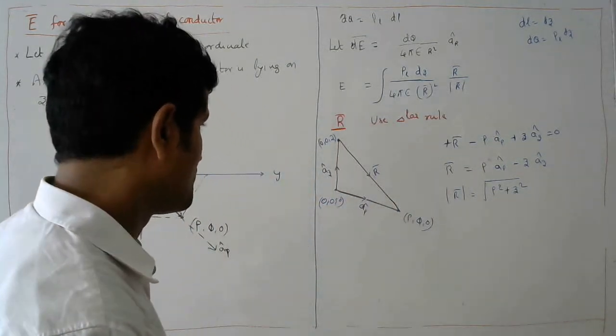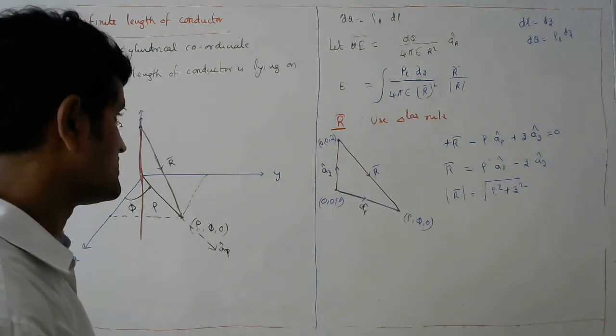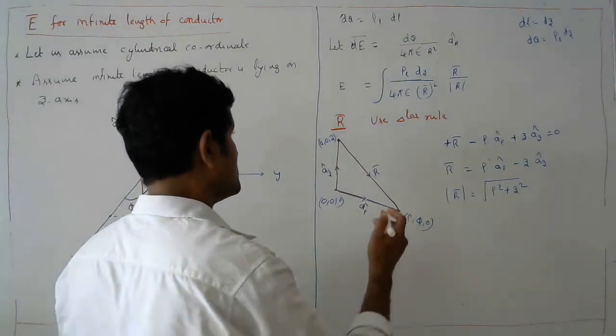Now I am substituting this r bar vector into the E bar equation.